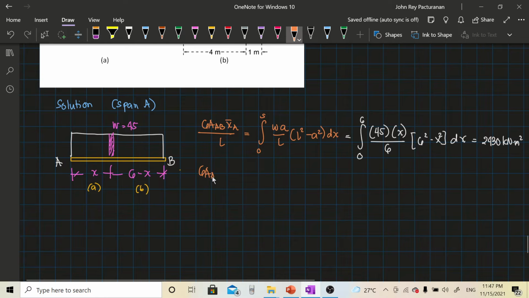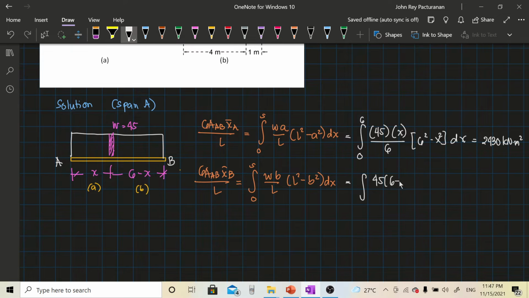So the 6Aa centroid at B over L. The integral of WB over L, then L squared minus B squared, dx from 0 to S. When we substitute, that is 45, then 6 minus x over 6, the quantity 6 squared minus 6 minus x squared, dx from 0 to 6 also. Actually, the limit doesn't change. Whatever limit you apply above, the same applies below. The only exception is that instead of x, it became 6 minus x.